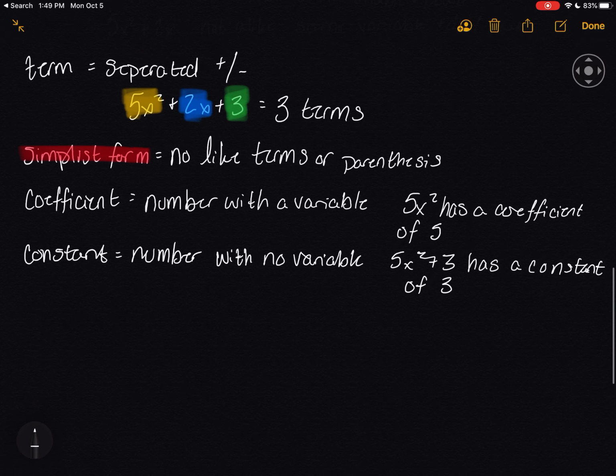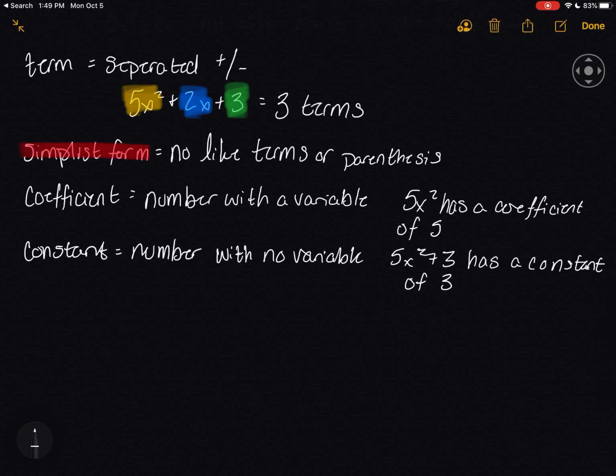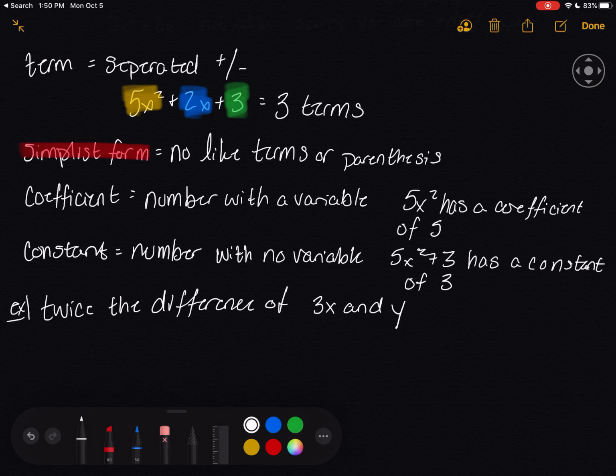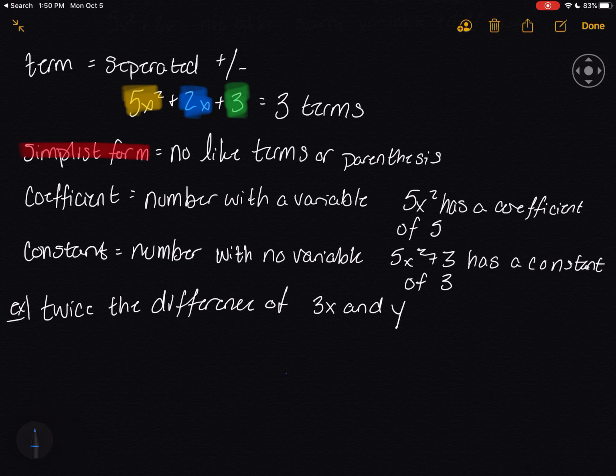So finally, back to those changing expressions, verbal expressions to words. So back to 1-1. Yes, everything connects to each other. If I gave you something like twice the difference of 3x and y, what you're doing here is you're thinking, okay, difference means subtraction.